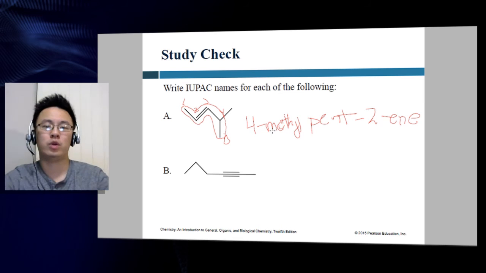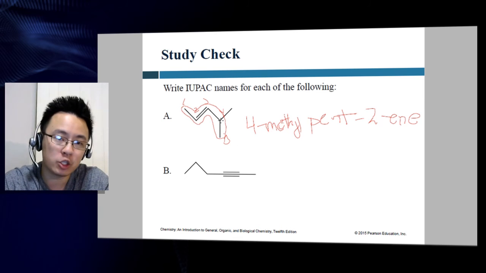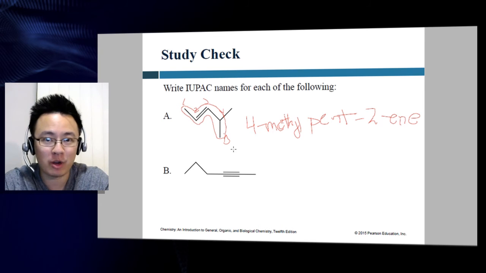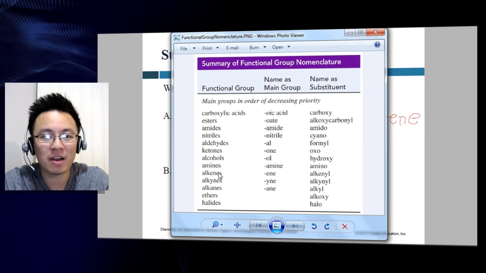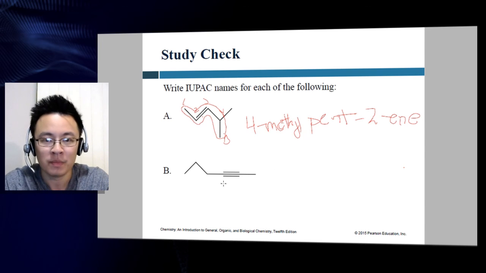Okay, my pen's not working with me. You're probably wondering, why can't we number it the other way, like 1, 2, 3, and 4? Well, the reason is because the alkene group has a higher priority compared to a methyl group. So we want to make sure we keep that at its lowest number.